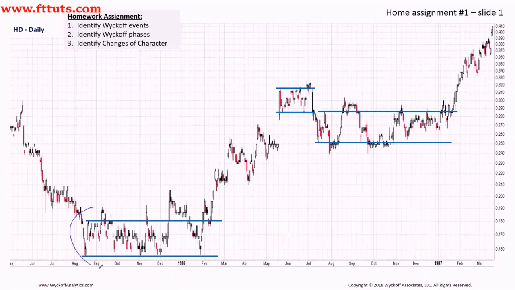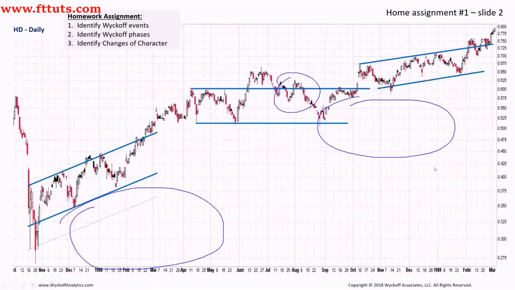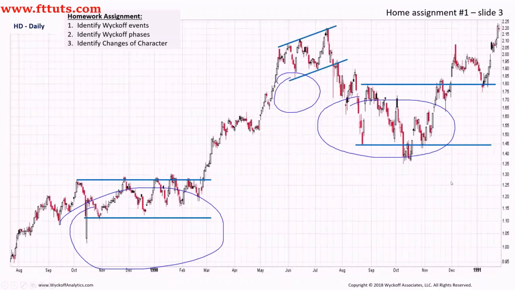So look at all of the trading ranges that I identify with the support and the resistance, and just go through all of them and label them.